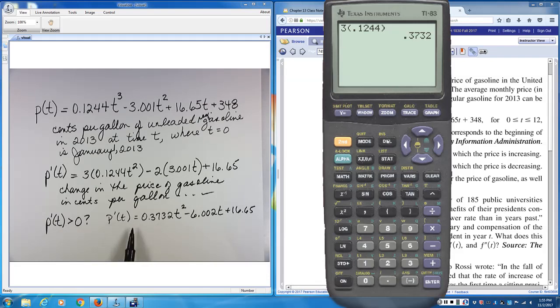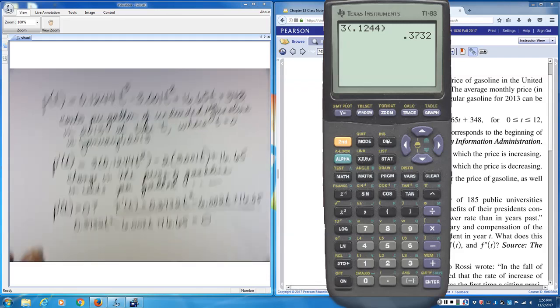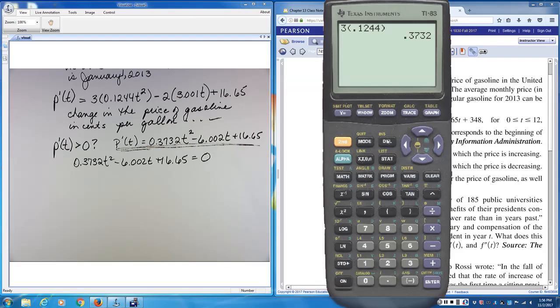Numerically, without going to n deriv, even though we could use n deriv, but numerically, how would you find out where that function is equal to 0? Set it equal to 0. How do you solve that? Algebraically, how do you solve that? Quadratic equation.